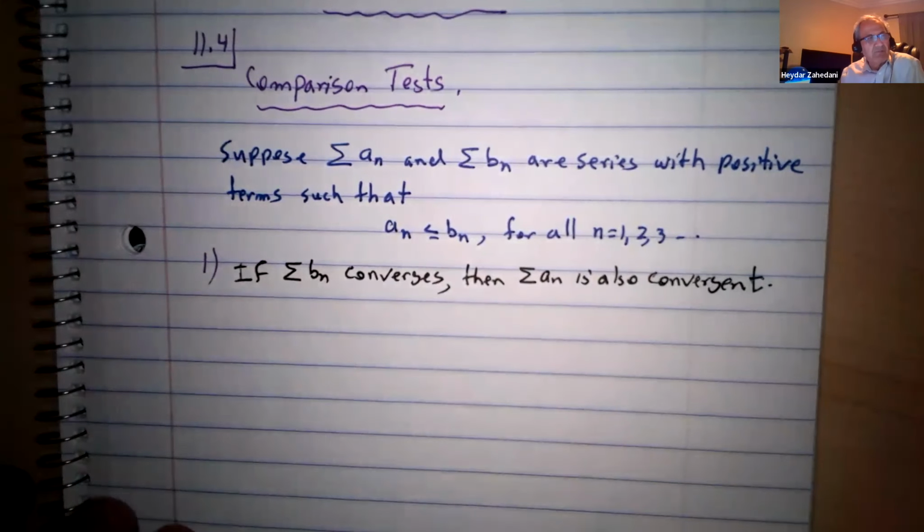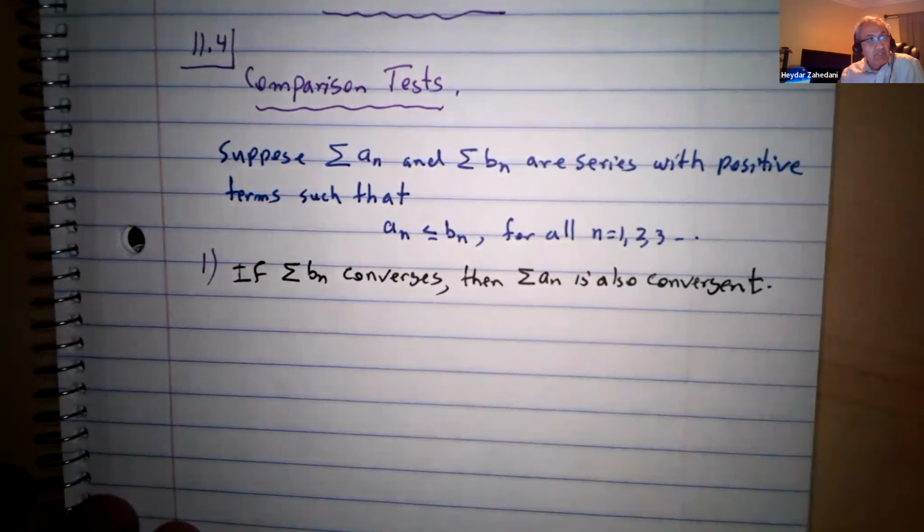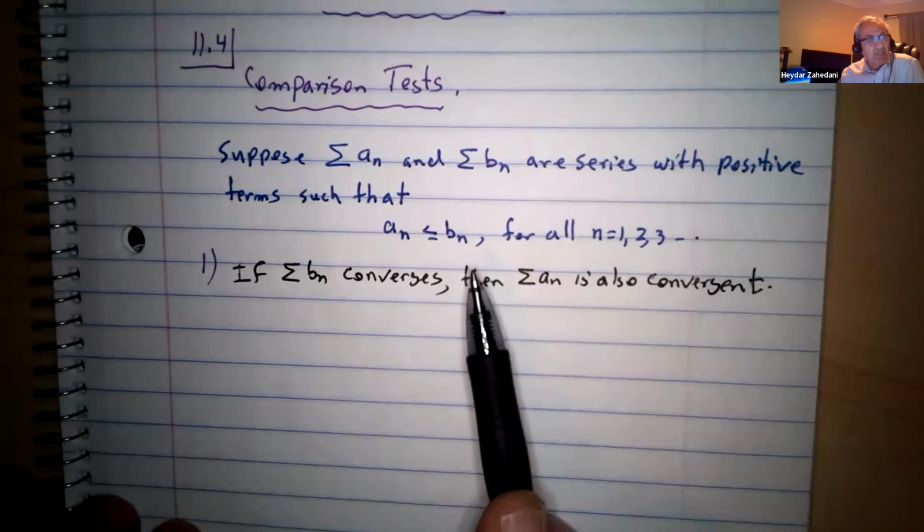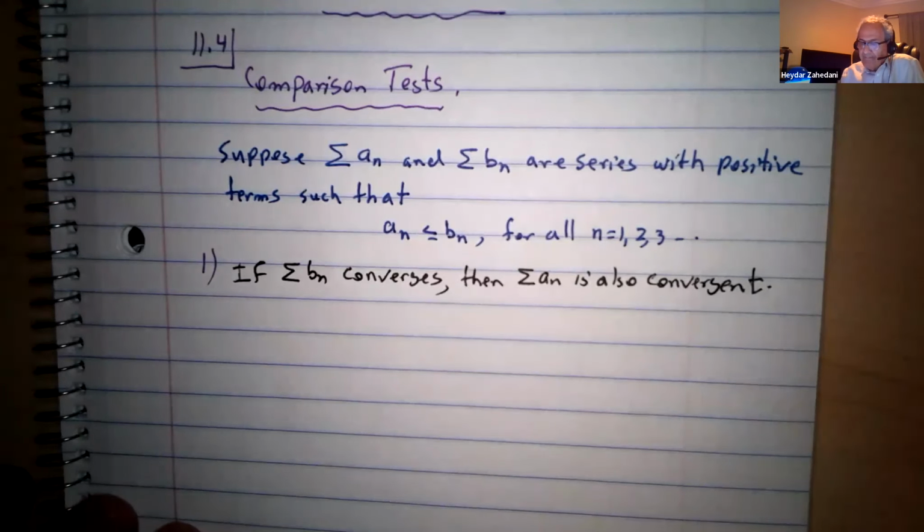If the bigger one is convergent, you cover the big one, so anything smaller, anything below the bn, would also be covered. So this is number one.